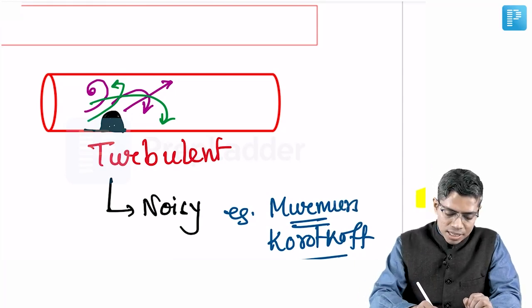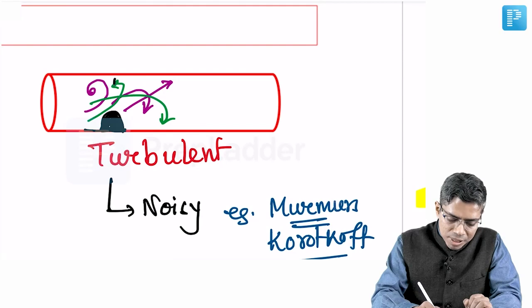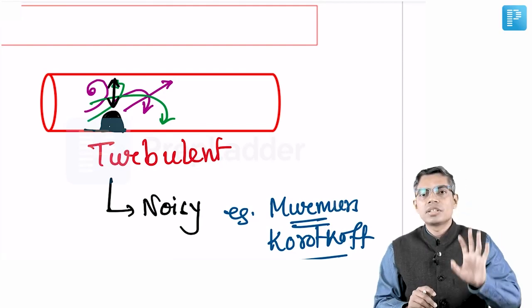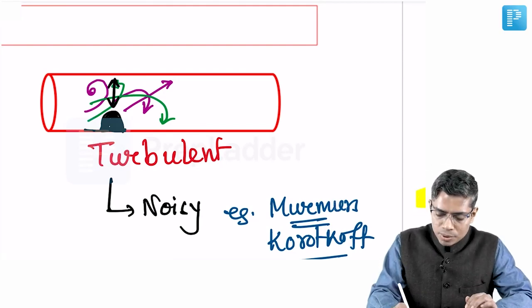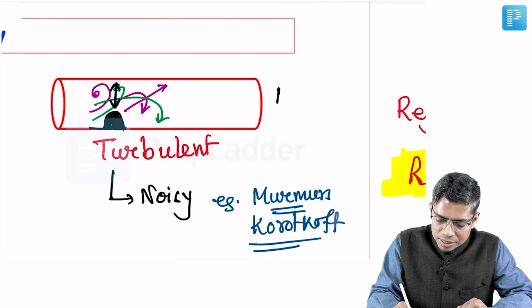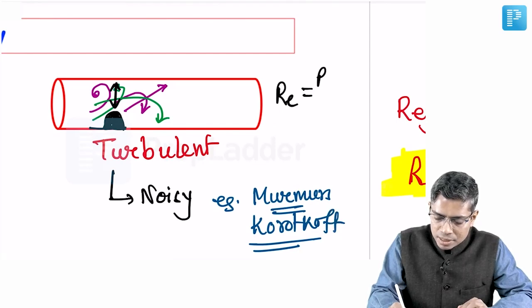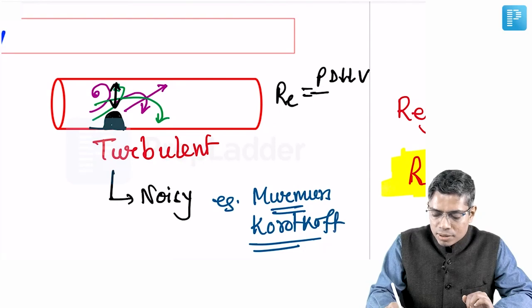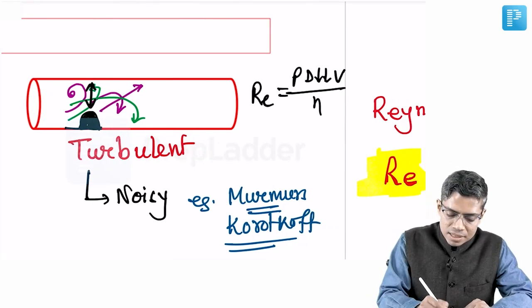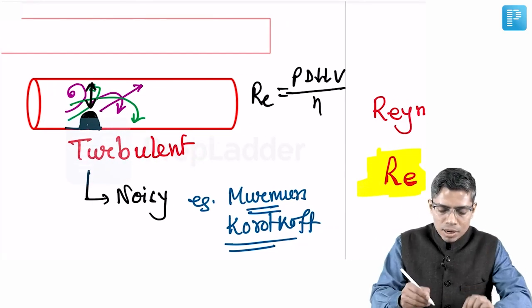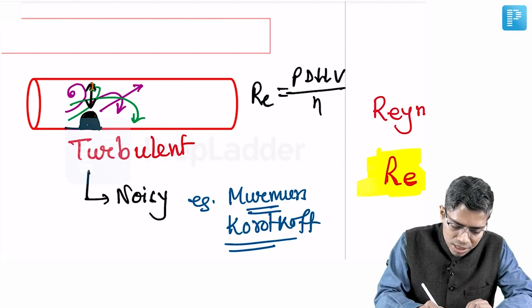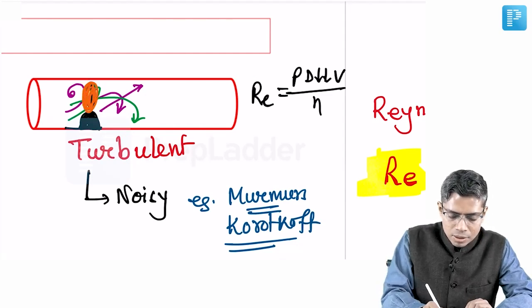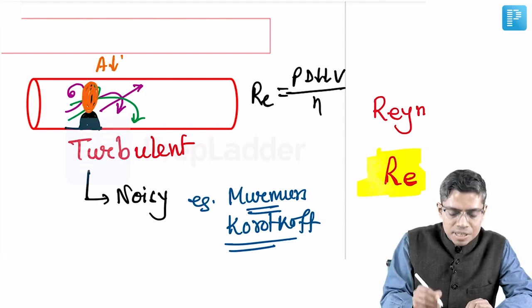Whenever there is an obstruction, the diameter of this part of the vasculature will be reduced. If you look at the Reynolds number parameter, the diameter is reducing. But look at V, what will happen to V? Whenever there is a reduction in the diameter, what will happen to the cross-sectional area of this part? The cross-sectional area A will decrease.